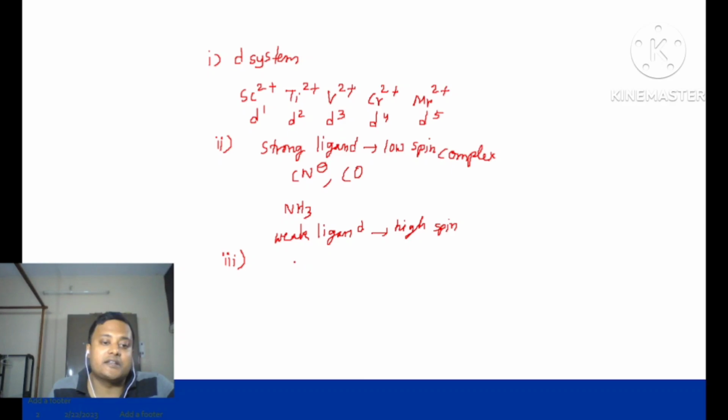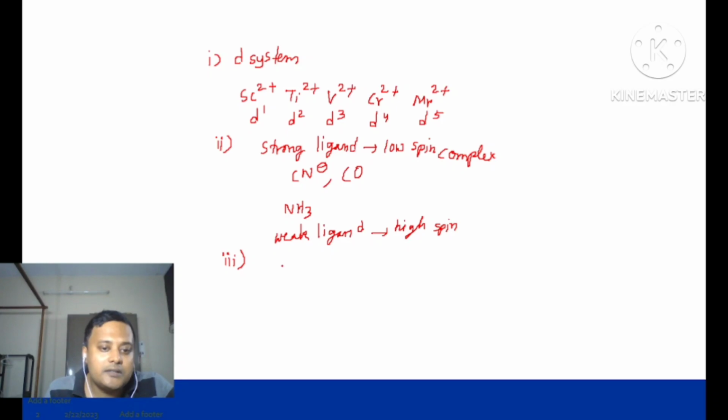Third point, hybridization. In case of complexes, generally sp3, dsp2, sp3d2 or d2sp3, within these four you will get. Others are possible, but in our syllabus mainly these four types of hybridization are asked. Three things you have to find: one is hybridization, second its geometry, third the magnetic property, whether it is paramagnetic or diamagnetic.